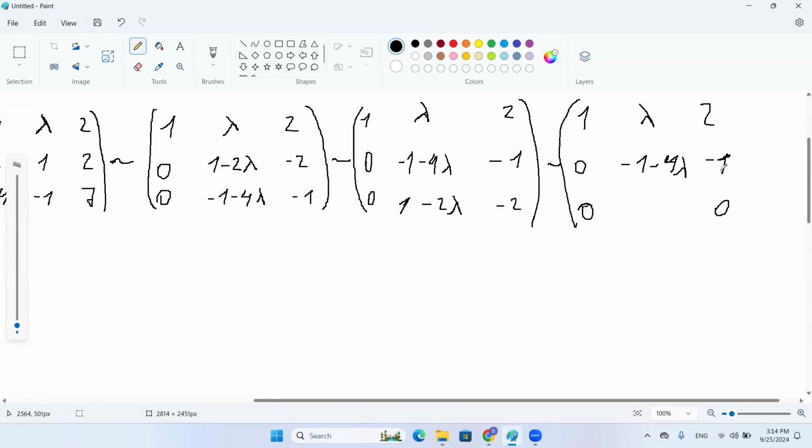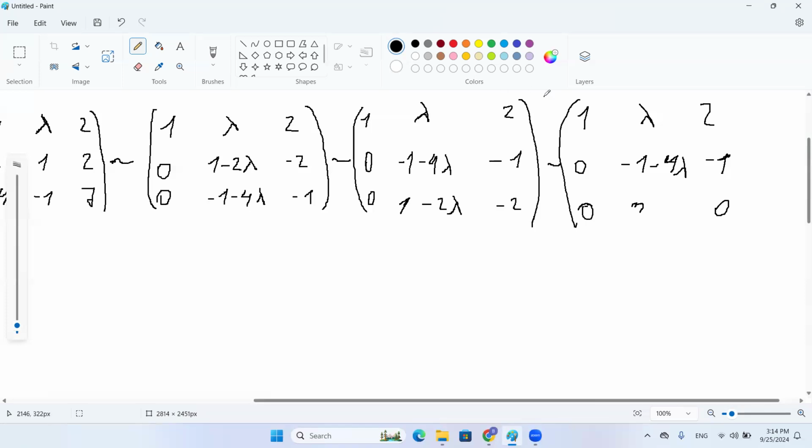So here minus 1, 0, multiplied by 2, minus 2. And what do we have? So add 2.